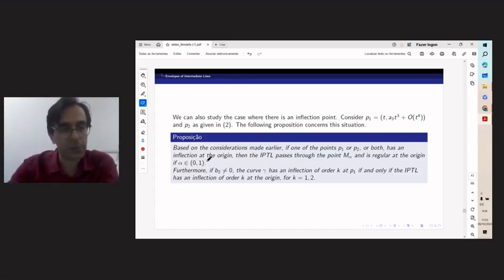I forgot to put this here. And if B2 is different from 0, then the curve gamma has an inflection of order k at P1 if and only if the envelope has an inflection of order k at the origin.